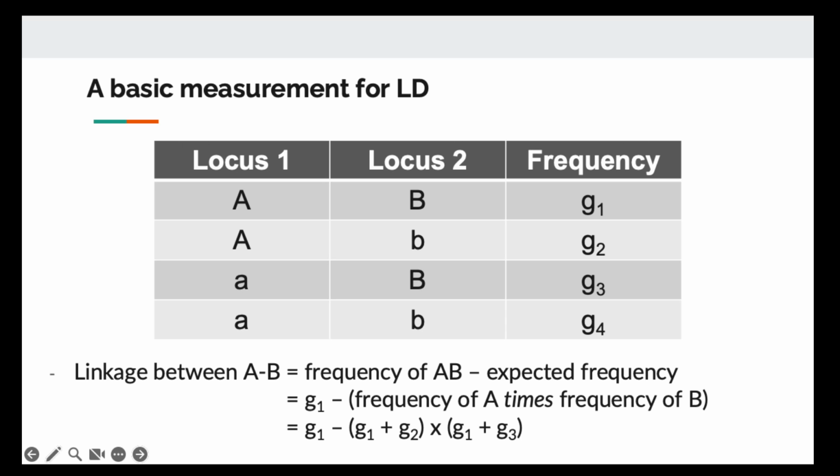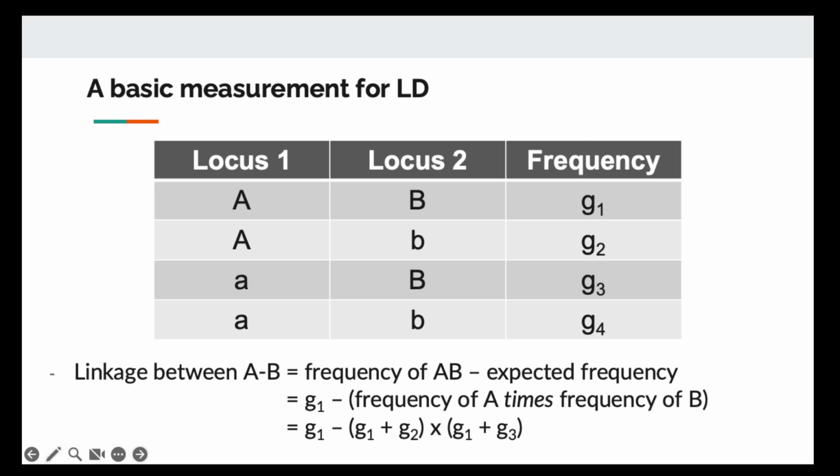The way that we can identify linkage between capital A and capital B, whether these two alleles are linked together or not, is to look at the frequency of capital A and capital B together in our population, which is G1. And we compare this to the expectation. In the population, what is your expected frequency for capital A and capital B?